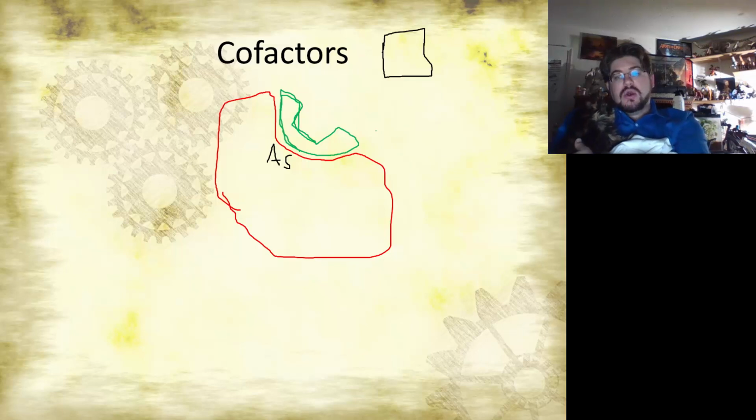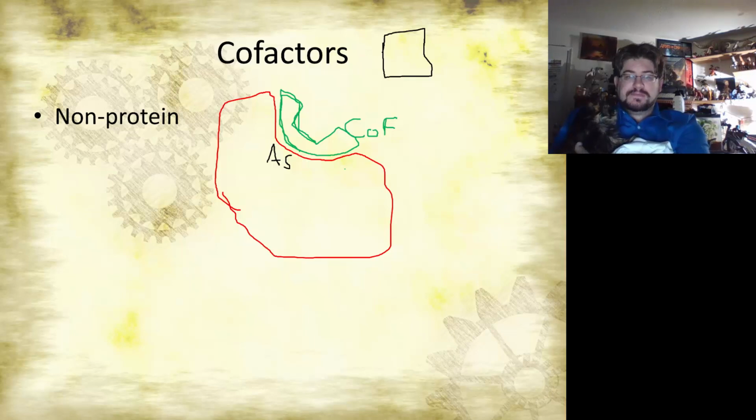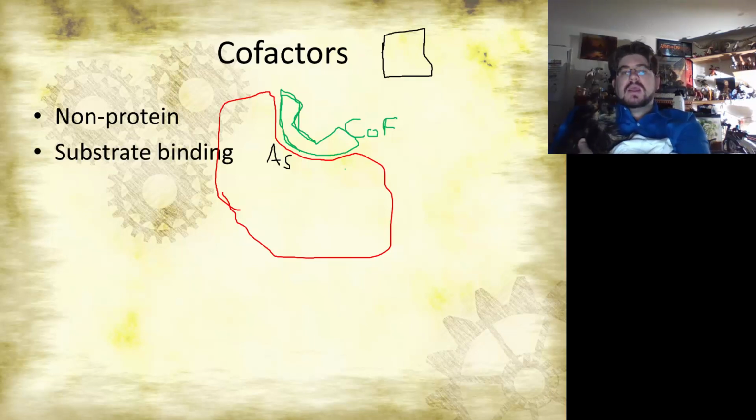Now, this is a cofactor. This is a non-protein molecule. It binds to the active site and aids the substrate binding to the enzyme. So now, my substrate can bind and be happy because my cofactor is present.